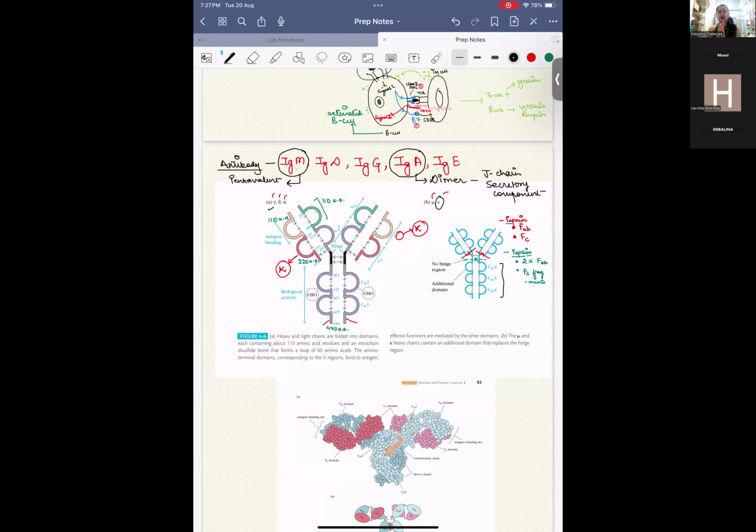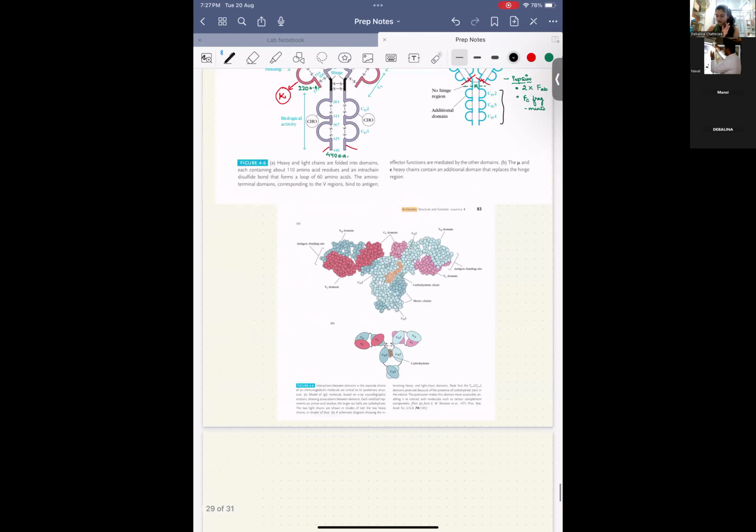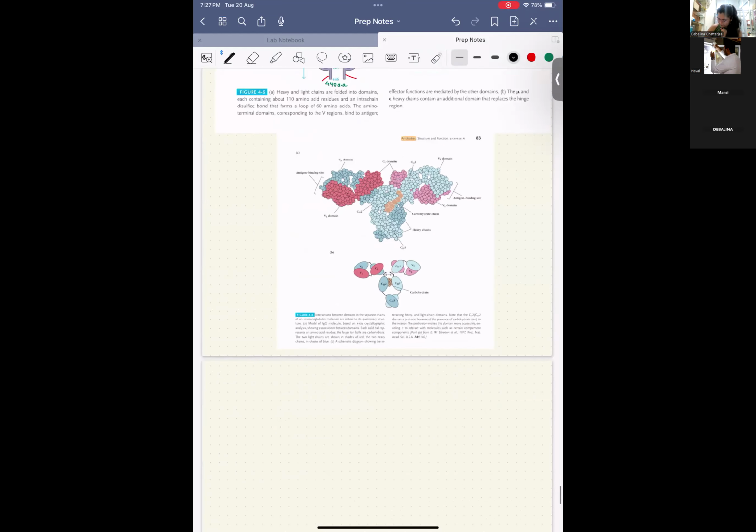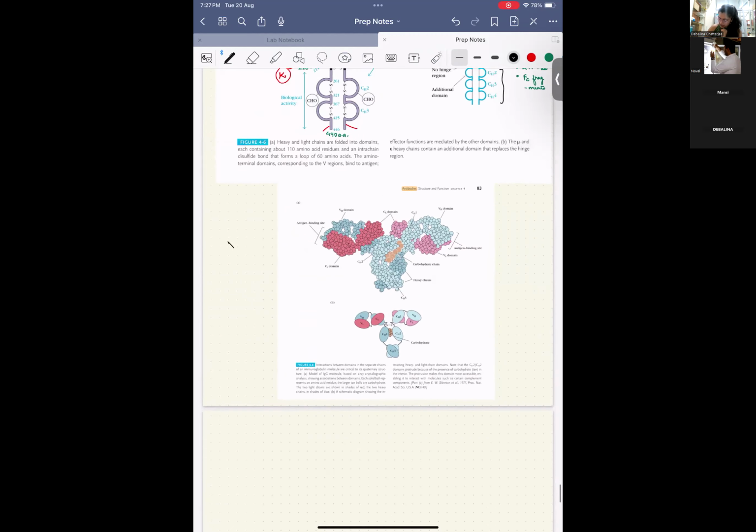So in this pentavalent structure, we have five IgM molecules, all of them joined together by disulfide linkages, and we also have a J chain that keeps the entire structure together. This is essentially how an IgM molecule looks.